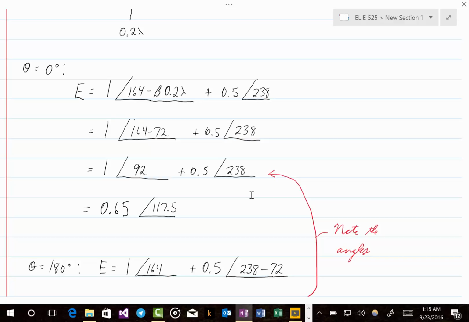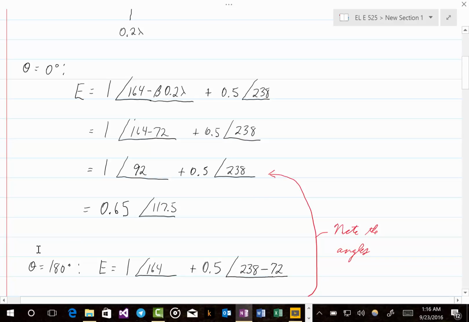This is much, much easier if you have access to an app that will allow you to just add these phasors directly. But anyway, however you do the calculation, you should come up with pattern in the theta equals 0 degree direction of 0.65 at an angle of 117.5 degrees.